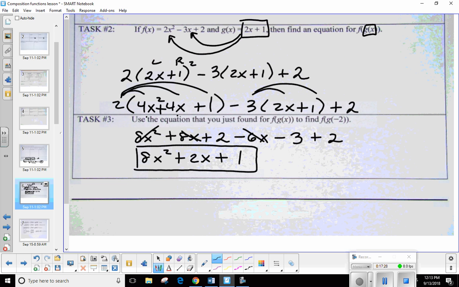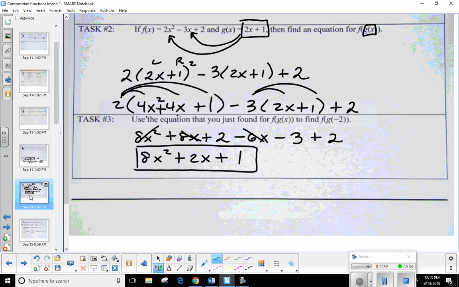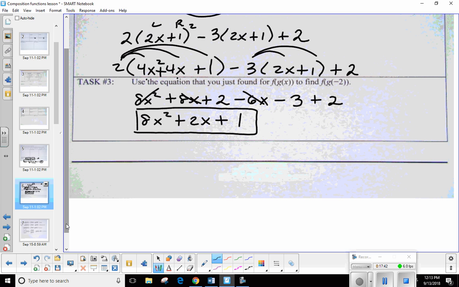Okay. But you want to see something really cool? You remember when we plugged in f of g of negative 2? What did we get? We got 29, right? Okay. So this equation that we just got from the composition, let's go ahead and plug in negative 2 and see what happens.